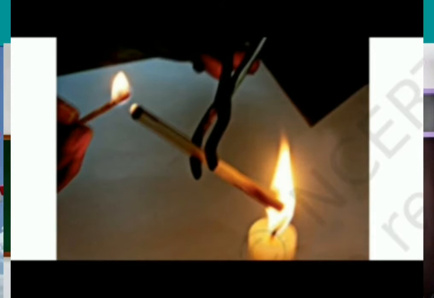How did this happen? Because the wax of the candle melted and vaporized and it goes forward and passes through the glass tube. When we show a matchstick flame, it will burn.